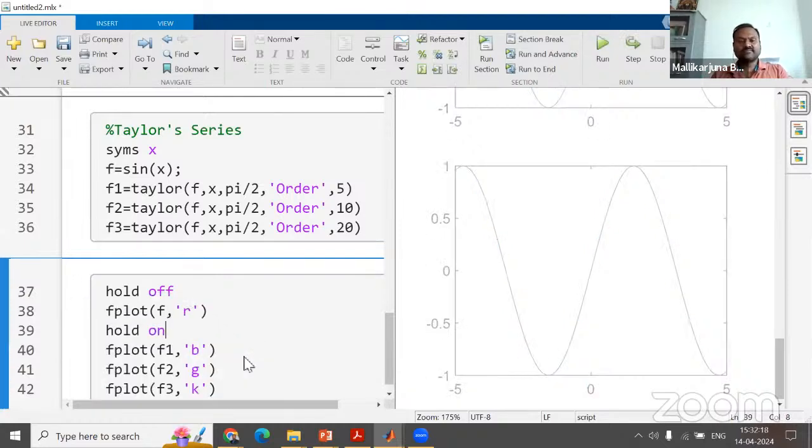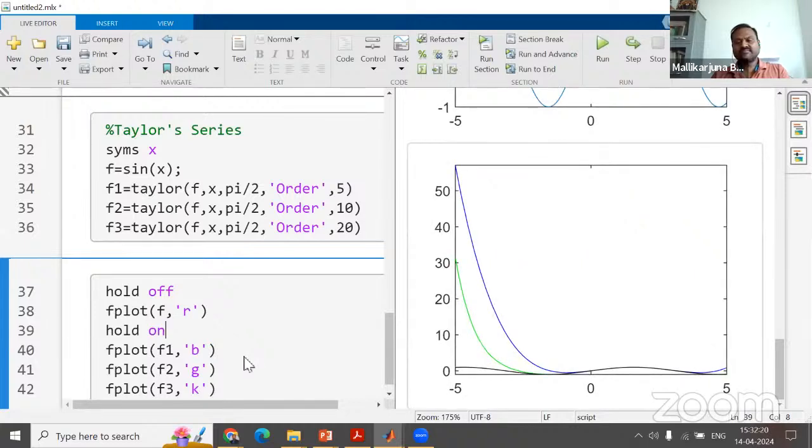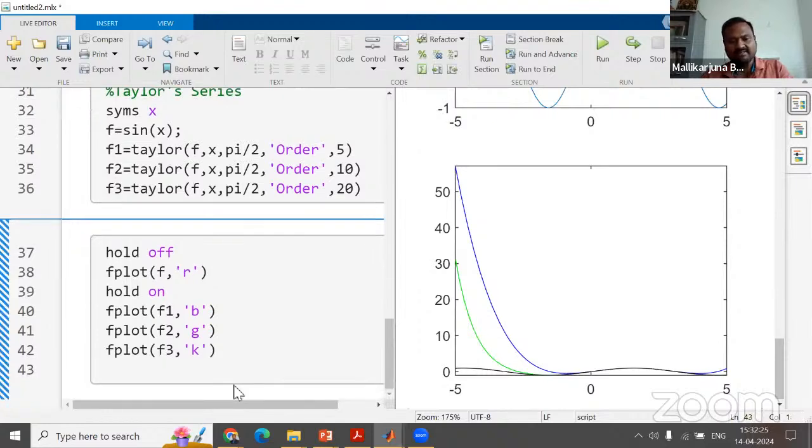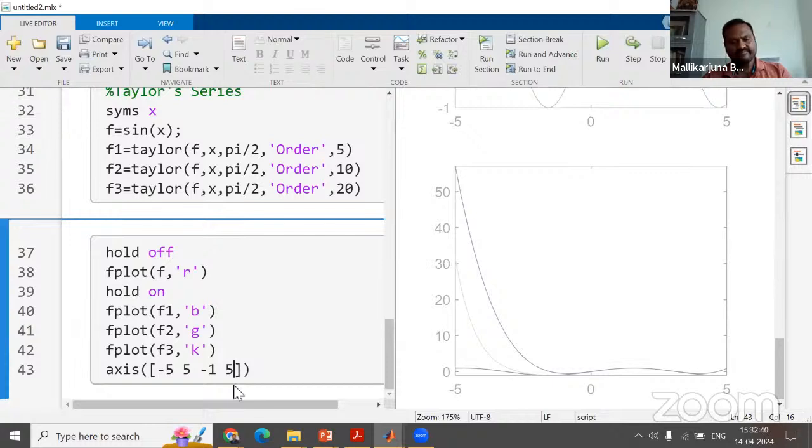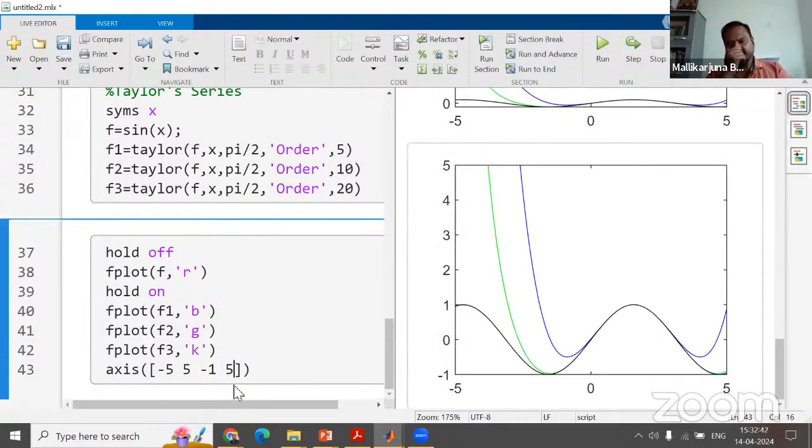You can see this. And you define the axis also. -5 to 5. Next, -1 to 5.